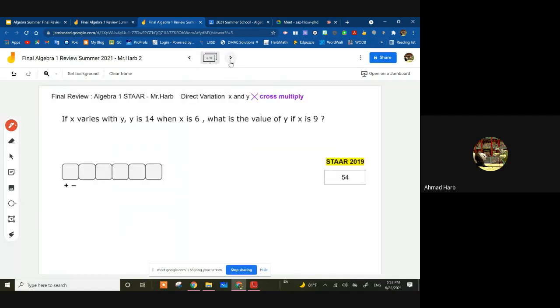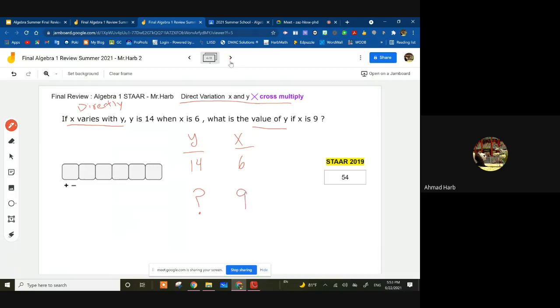The next one is asking me about direct variation. If x varies directly with y, of course, that's the keyword you're looking for. If y is 14 when x is 6, organize the letters like that. Y is 14, x is 6. What is the value of y? So I don't know the value of y. That gives me x is 9.